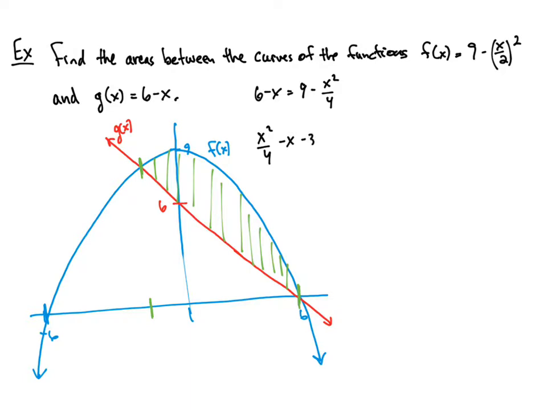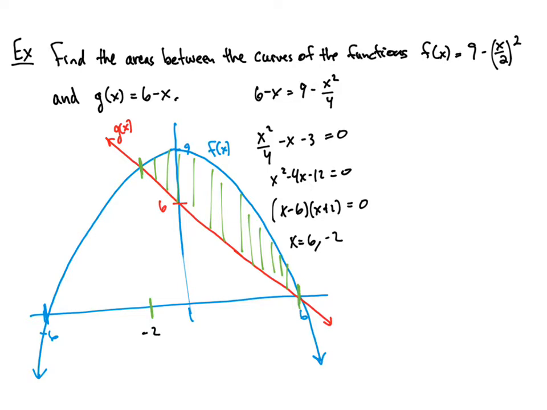We end up with x squared over 4 minus x minus 3 is equal to 0. Multiply through by 4. Factor. And solve for x. So we get x is equal to 6 and negative 2.